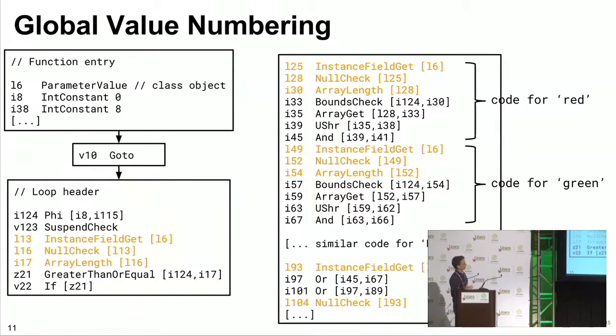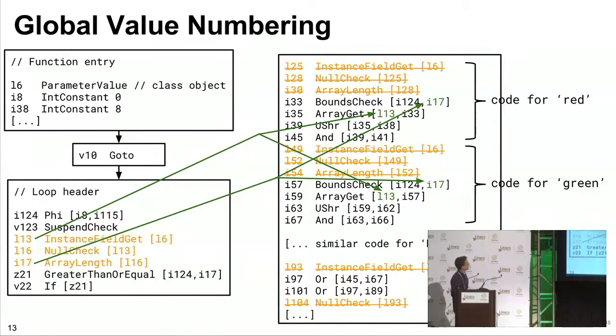And so the GVN is able to recognize that and delete the instructions that are just a repeat of what's been done previously, and update the uses to use the first one. So instead of doing it multiple times, we just keep only the first time we execute those instructions. And where previously an instruction that was deleted was used, we replace it by the first one.